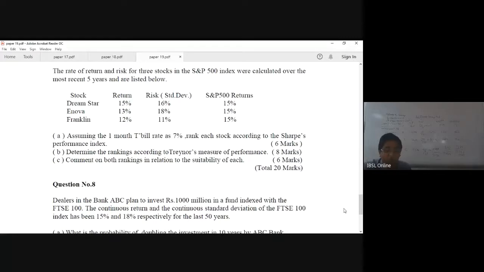So then what is the ranking? The highest ranking can be given to Dreamstar because Dreamstar will have the highest Sharpe index.